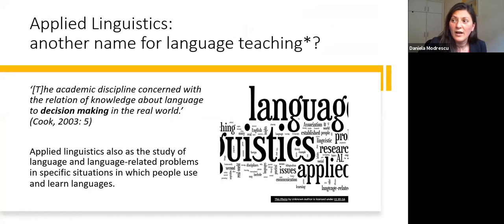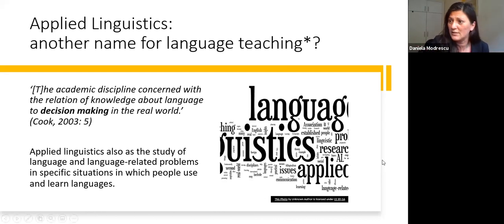You also have notes regarding models of language competence, which again are the basis of the decisions that we make in the syllabus, so the assumptions we make about the language. Do we see it as a language system, a system of discrete elements, or do we see it as a whole, as a means of communication?